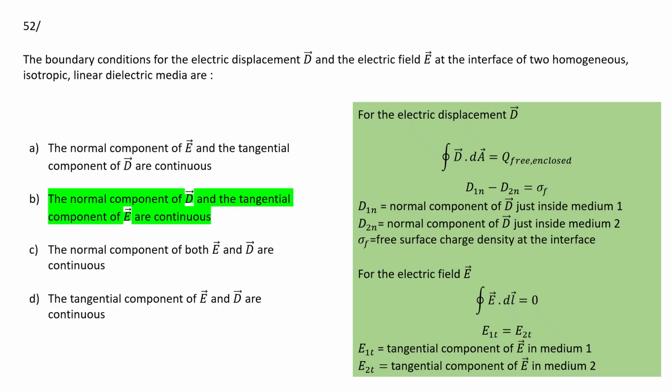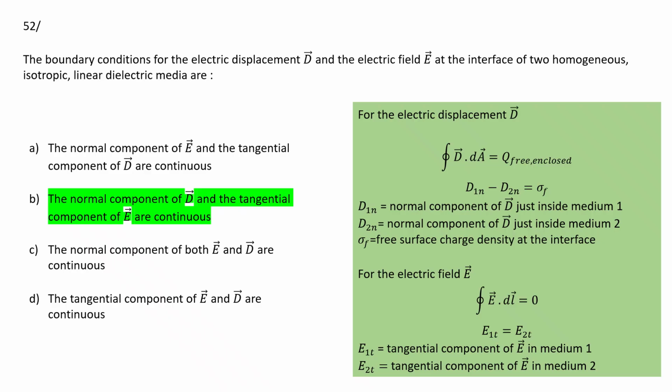So for the electric field E, we can write the closed integral of E dot dl equals 0. Okay, and that's why E1t will be equal to E2t, because we can write it as del cross E equals 0. Okay, so E1t is the tangential component of E in medium 1 and E2t is the tangential component of E in medium 2.